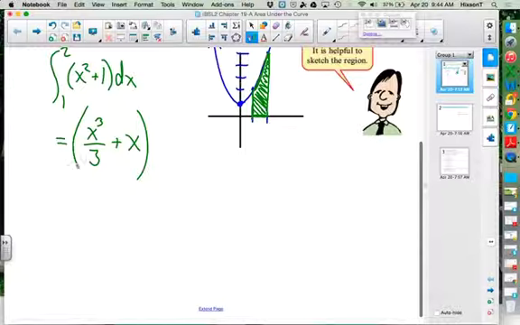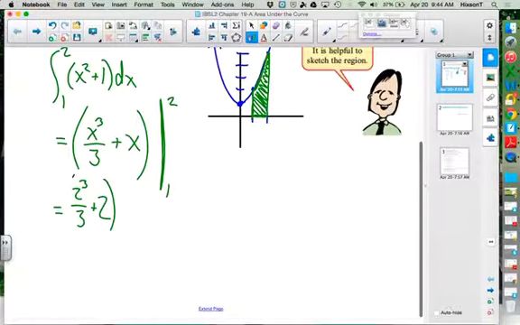So we're evaluating this using the fundamental theorem of calculus from 1 to 2. This is our antiderivative, the capital F. So we're going to do capital F of 2, so we plug in the 2, minus capital F of 1.